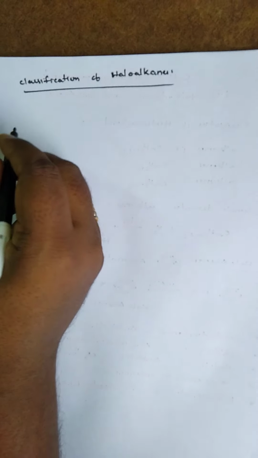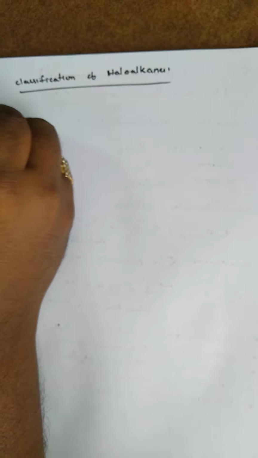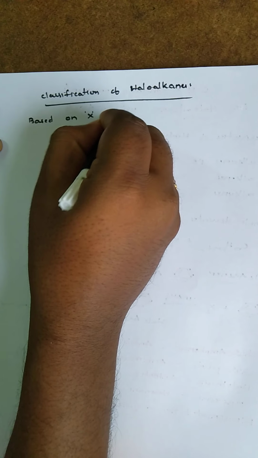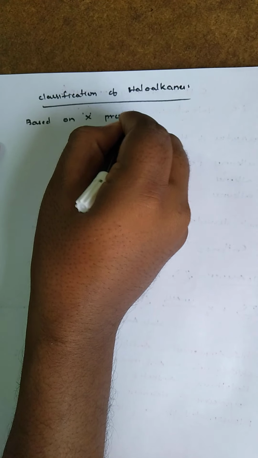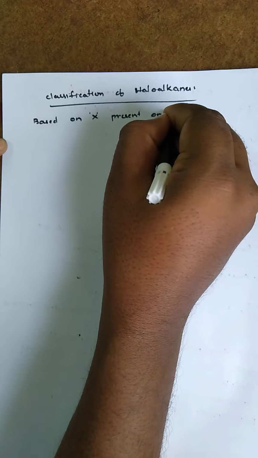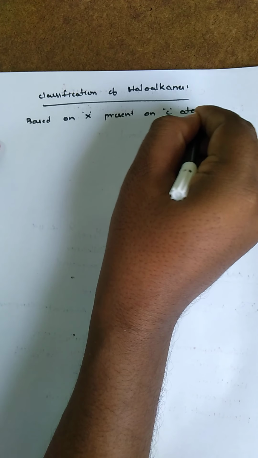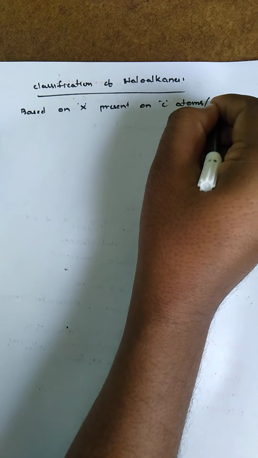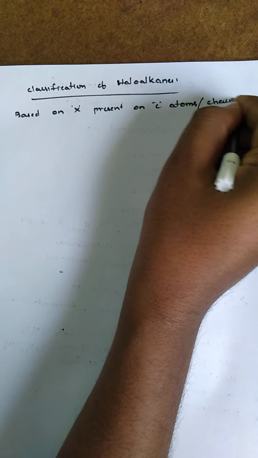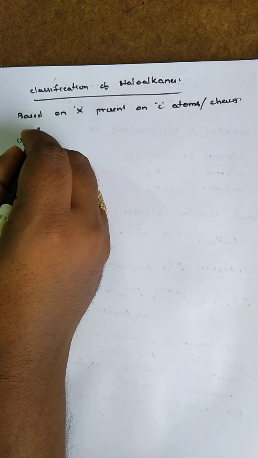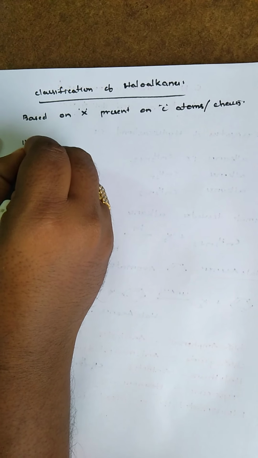Haloalkanes are classified based upon the halogen atoms present on the carbon atom, or we will consider it in a chain. First we will classify based upon the number of halogen atoms.